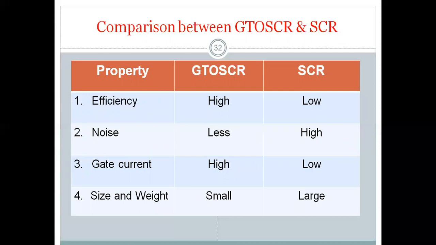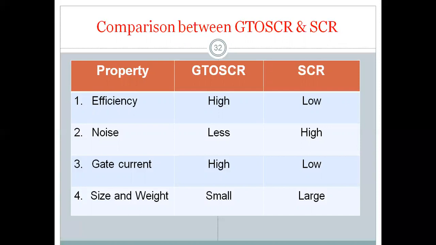And GTO SCR has fast switching speed, and SCR compared to GTO SCR, its switching speed is low. And GTO SCR has no need of commutation circuit for turn off.